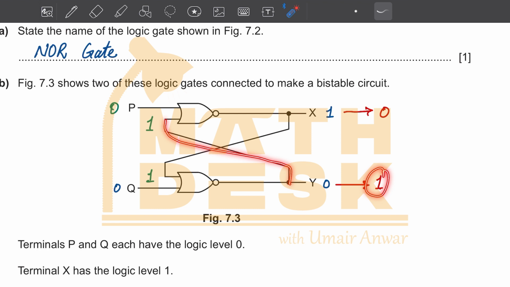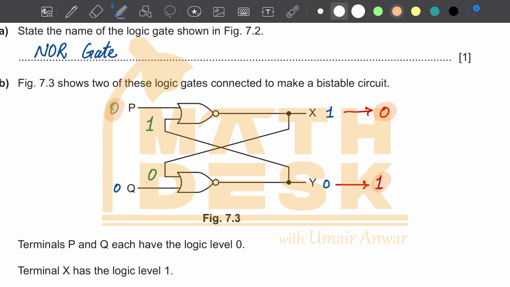So this would become the input for the NOR gate, and when 0 and 1 are applied at the input, we have the output still equal to 0. Now this 0 would be applied over here. So both the inputs for the lower NOR gate are 0 and the output would remain 1. So it means that there is no change taking place for the X and Y when P is changed to 0.